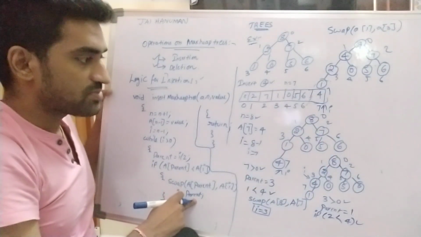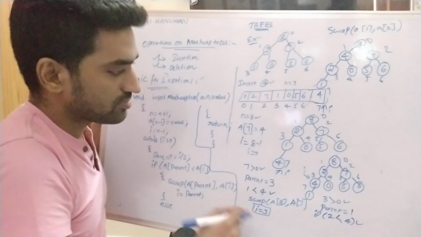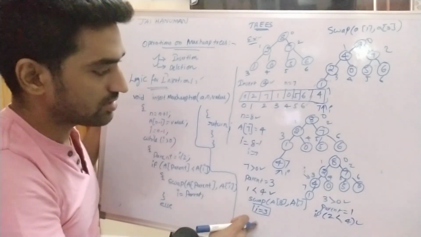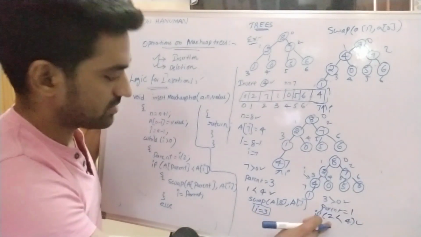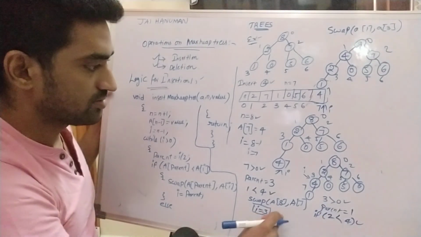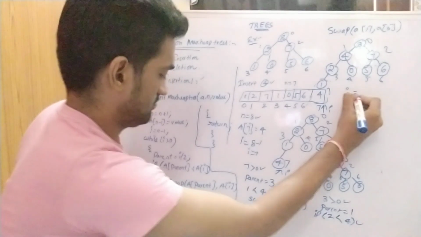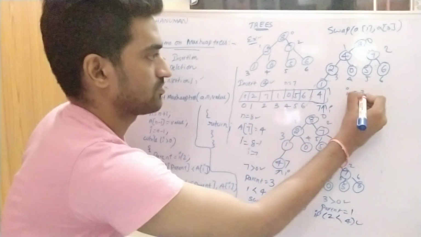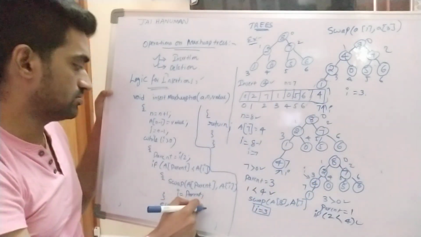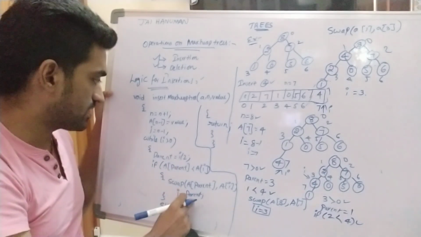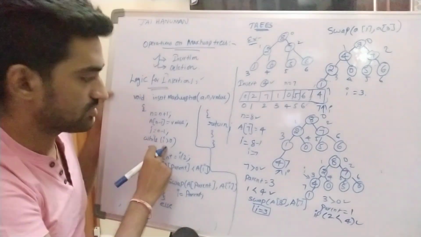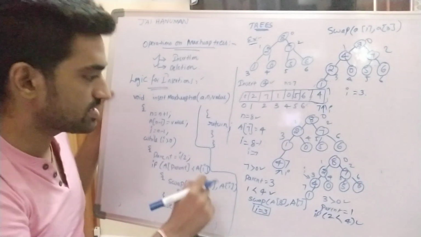Now the I value becomes parent. So I is equal to parent. Then we are checking the condition.